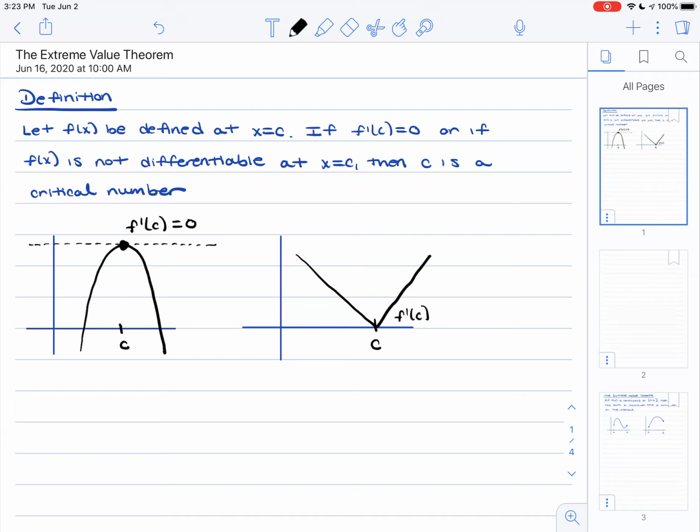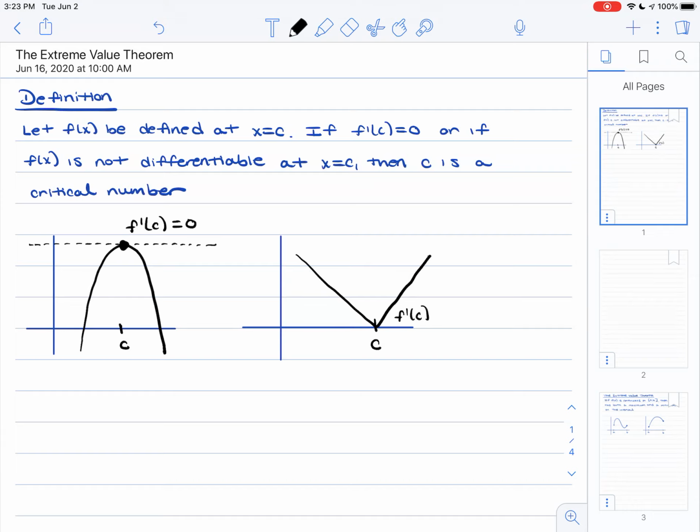All right, let's take a look at another example. Let's say on this one we have f of x is equal to x squared all over the quantity x plus 1. Again, to find our critical numbers, we need to start by taking a derivative. In this case, we'll have to use our quotient rule.